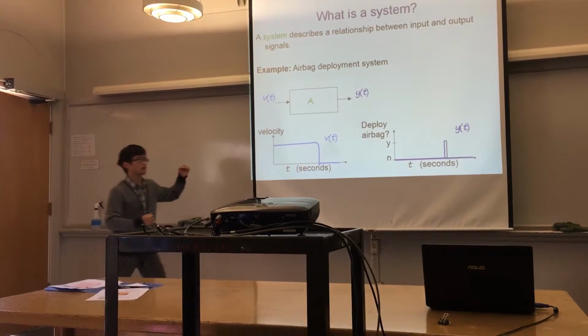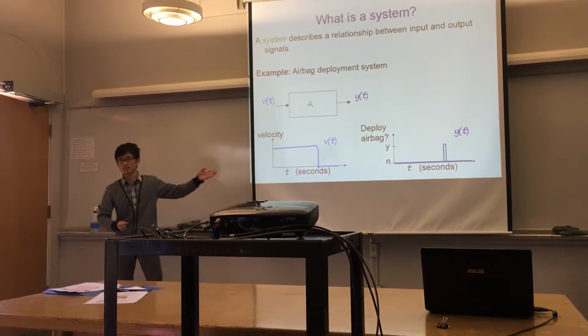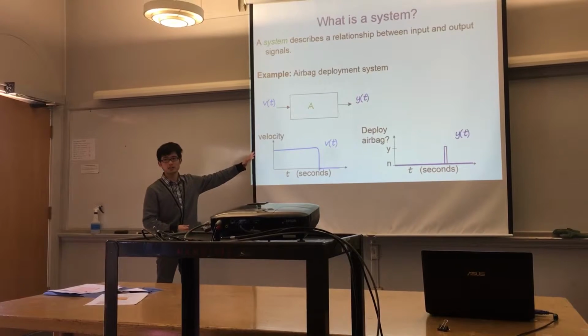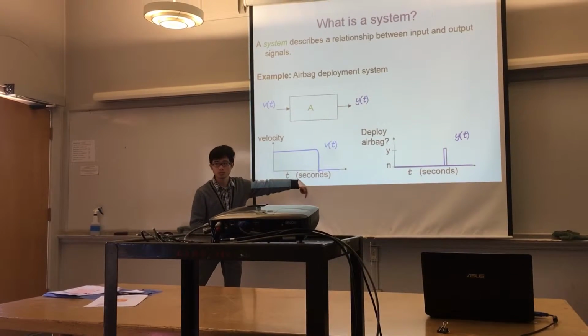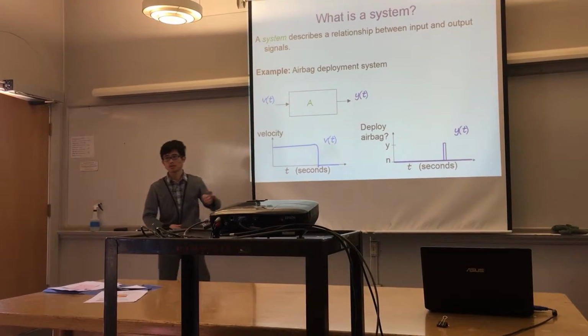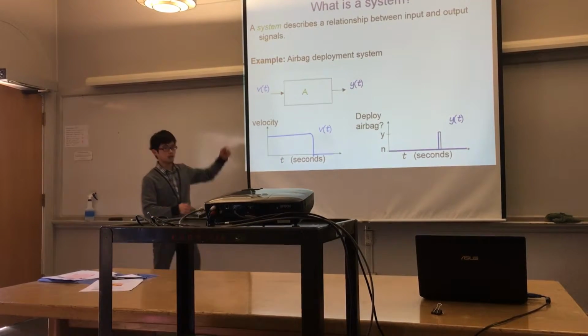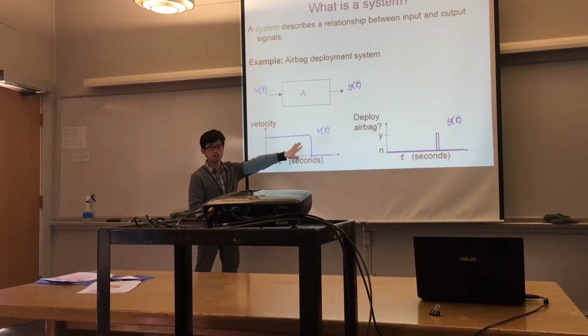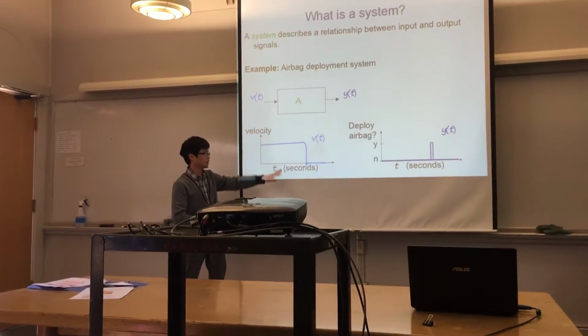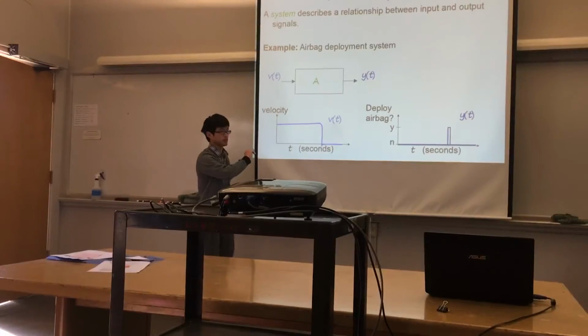No, because if you have a crash, your velocity will definitely go down, right? If you have a normal brake, the picture of the velocity in terms of t is different.